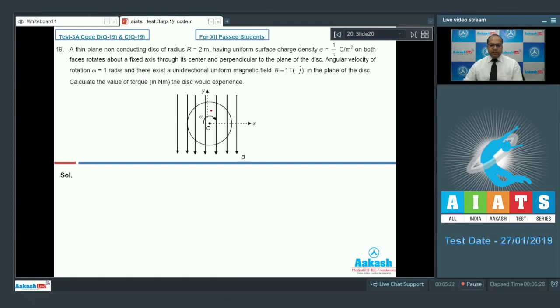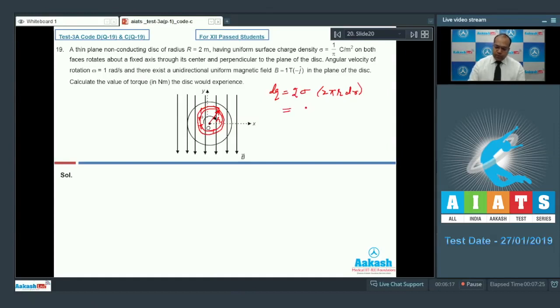So we know that this is a charged disk and this charge is rotating in the magnetic field. So first of all, find out what is the magnetic moment of this charged disk. In order to calculate the magnetic moment, I am considering a circular element of radius r of thickness dr. So the charge on this element dq can be written as sigma into 2 pi r into dr. Since charge lies on both faces, multiply by 2.